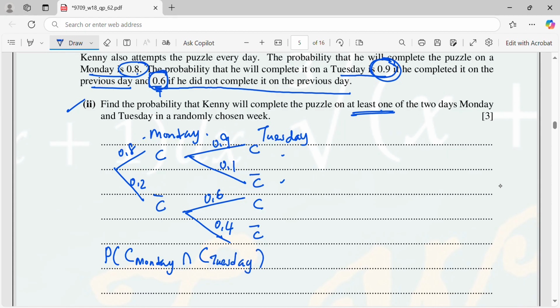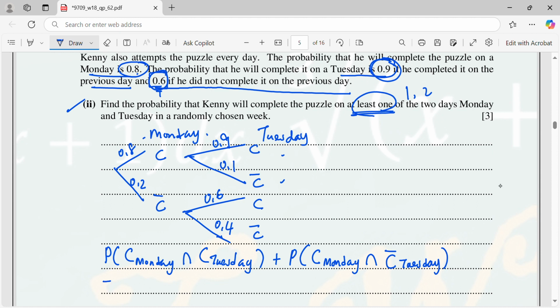Alright, at least one day. At least one day could be 1 or 2 days. So this is considered 2 days. Or probably only 1 day. 1 day means that he completed on Monday, but he does not complete on Tuesday. This is considered 1 day.